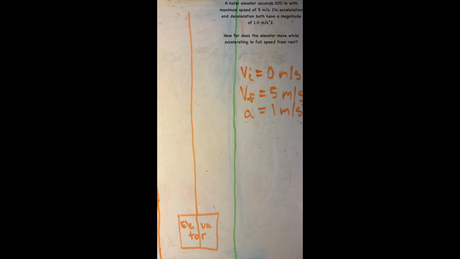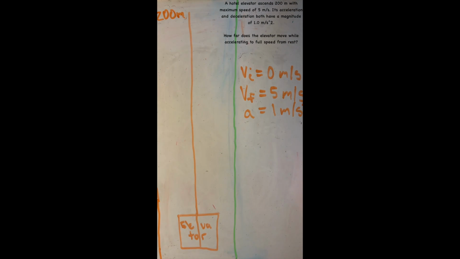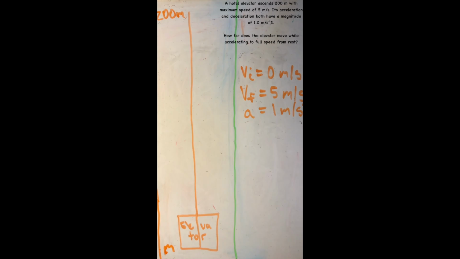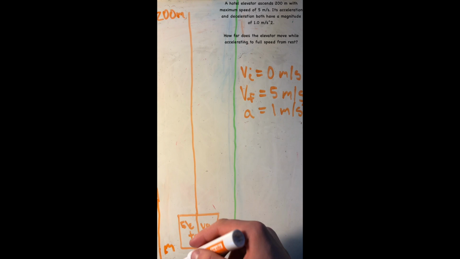For the initial position and final position, we know that the elevator ascends 200 meters in total, so I'll label that on our picture right there, 200 meters. So in this case, I'm going to call where the elevator is right now at the bottom of the elevator shaft, y equals 0 meters. And I'm labeling this y, not x, just because y is generally height in graphs, so that's what makes sense to me right now.